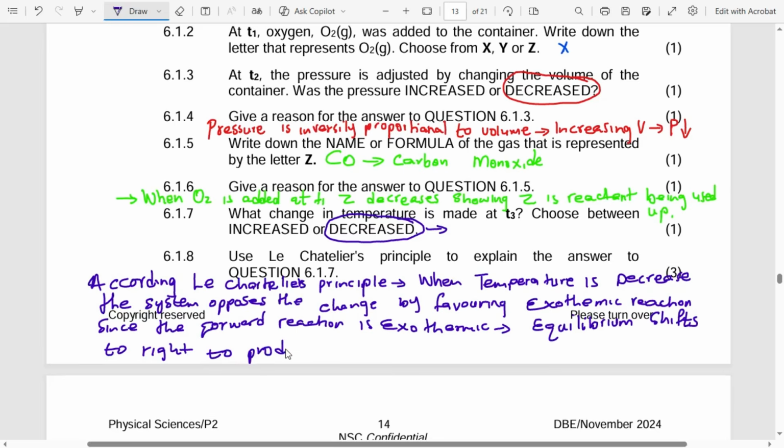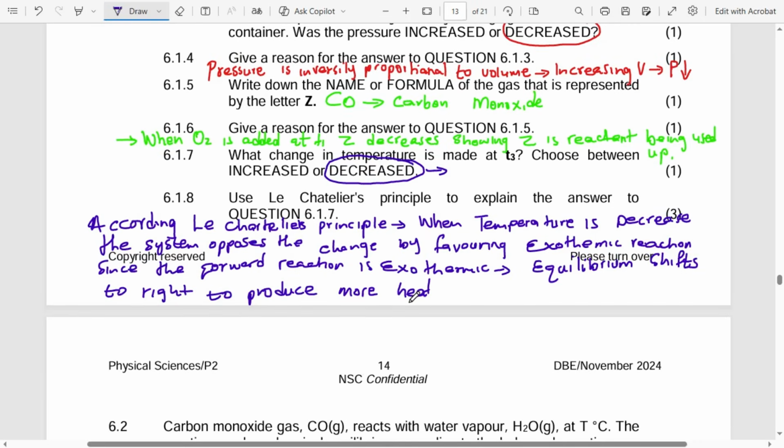To produce more heat. That's why we are having more products being formed. As a result, therefore, the concentration, let me just use this for concentration. Remember, big brackets mean concentration: the concentration of CO2 increases, and the concentration of the CO and the concentration of the O2 decrease.